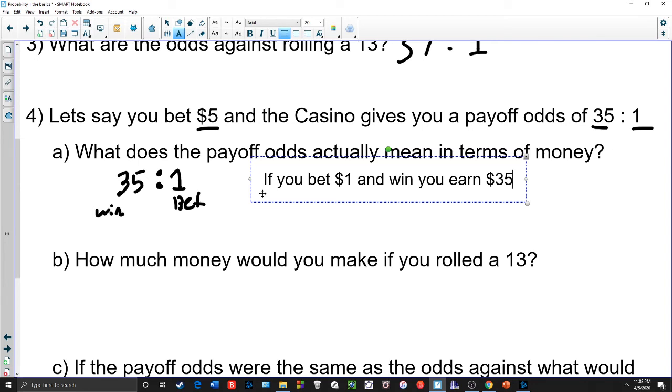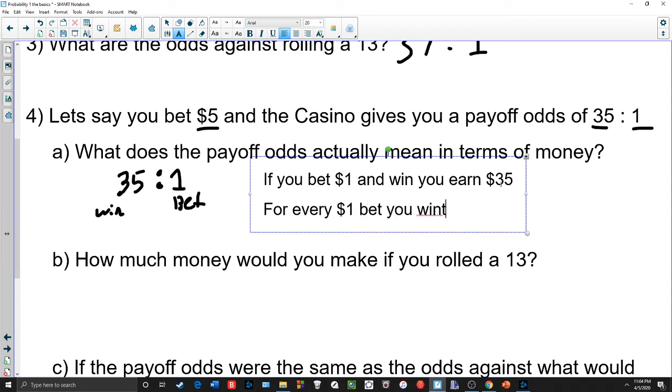That's already taken into account with the odds. So for every $1 you bet, you win 35 if you win. So if you bet $2, you get 70. If you bet $3, you'd get 105, and so on.